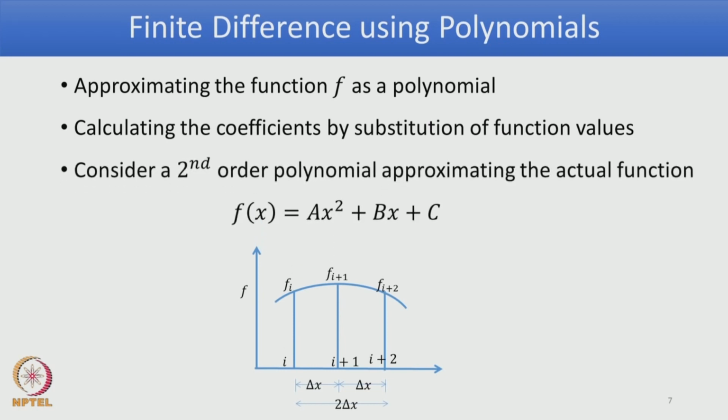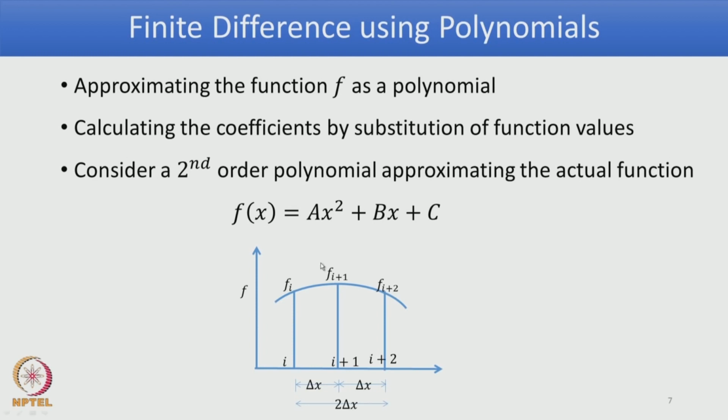In this exercise we are going to demonstrate that procedure by considering a second order polynomial, as shown here. The function f of x is approximated by a second order polynomial, a x squared plus b x plus c.